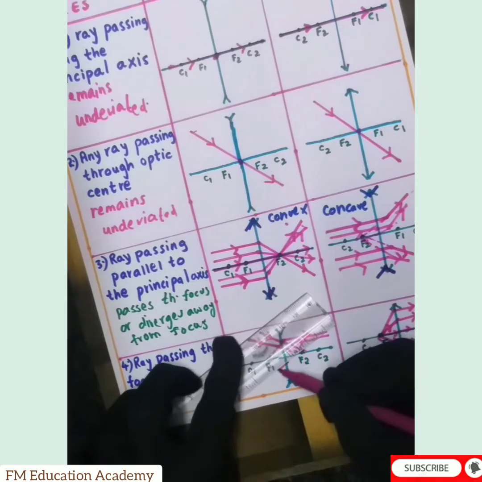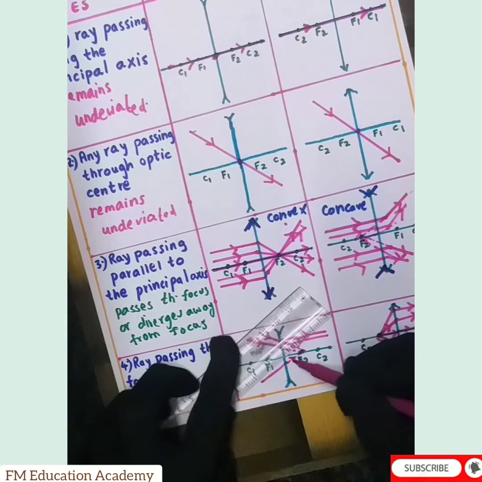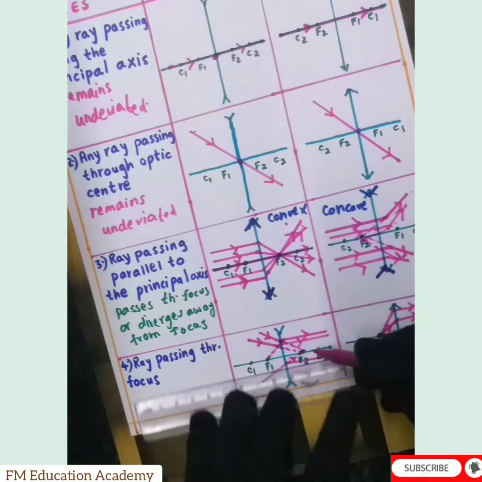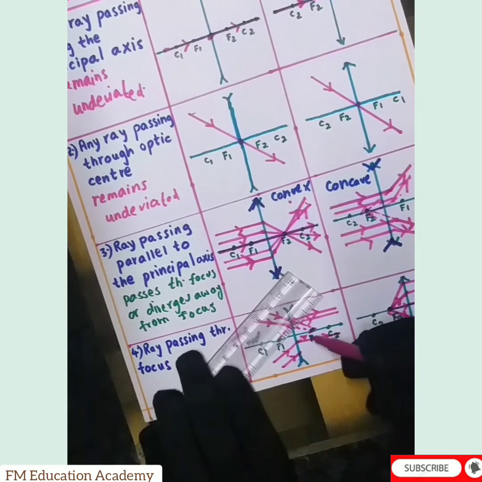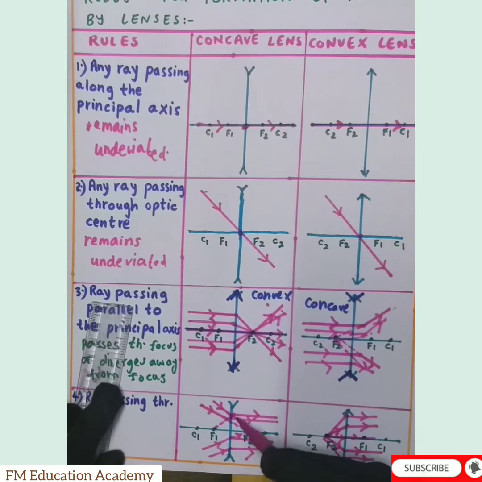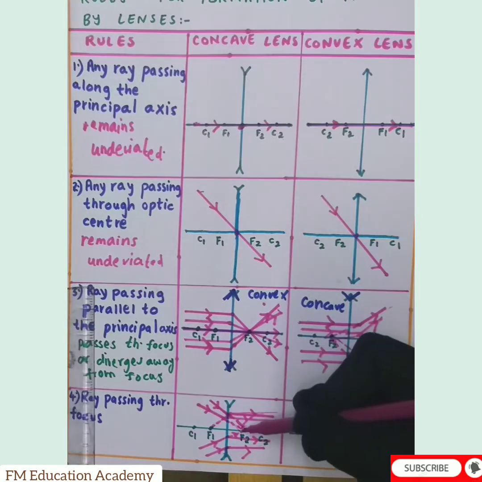Similarly, a ray is coming, it will appear to meet through the focus, but it is actually parallel to the principal axis. It appears to meet at this focus F2 because it is pointing towards the direction of the focus. So whenever a ray is directed in the direction of focus F2, it will emerge parallel like this. Since they are coming like this, they will join at F2.